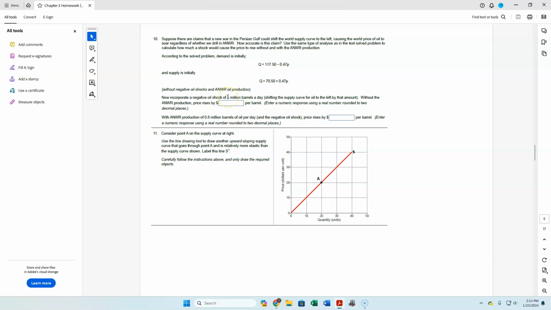Sorry, in this example, you'd be taking it down to 65.5 and then resolving it and putting in how much the price is changing by. So you basically need to solve it once with this given data. Then you're going to need to adjust the supply curve by the amount that it gives you here and then resolve it. And that should be giving you your answers here.